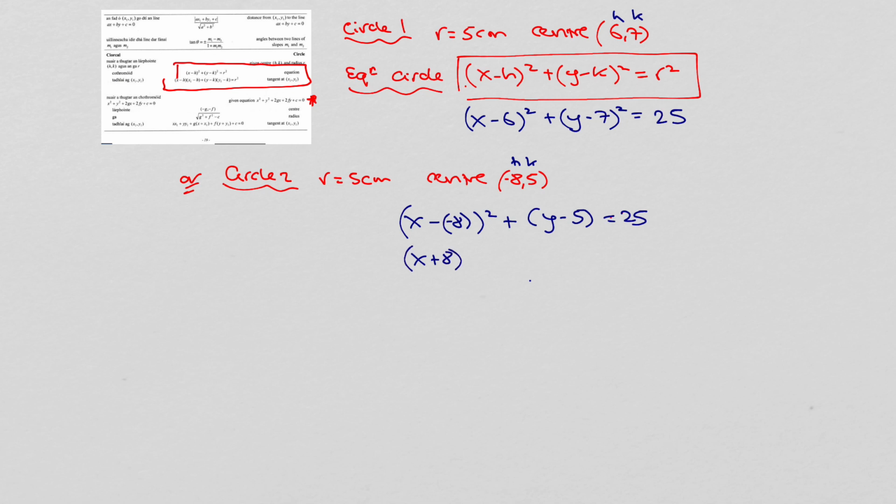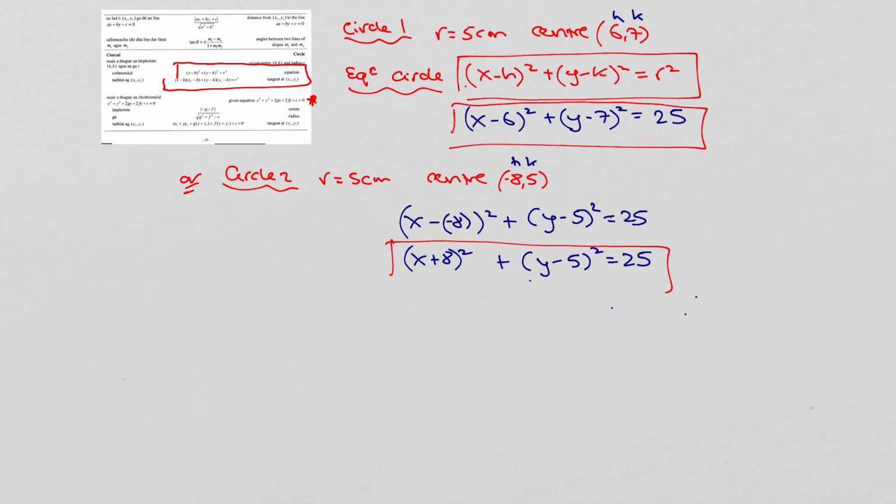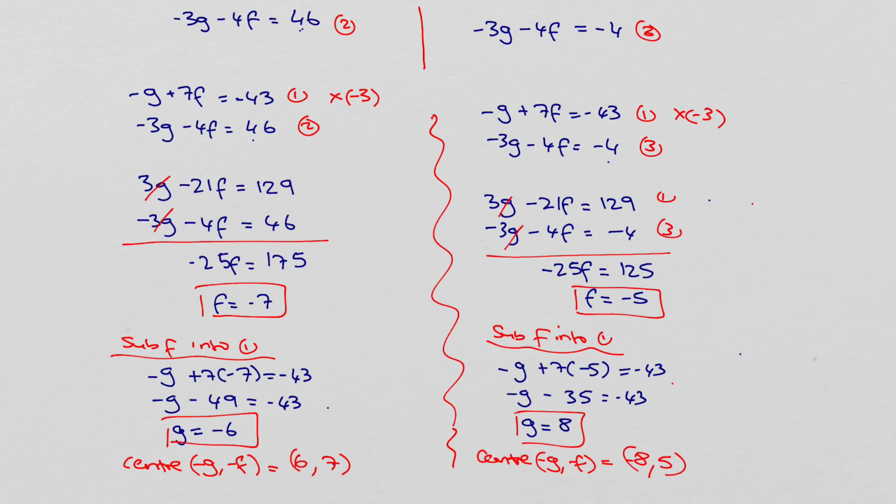So in other words, the second circle that you could have gotten there was x plus 8 squared plus y minus 5 squared equals 25. So as I said, you only had to give one of these circles, not both. Okay, so we would have taken either one or the other.